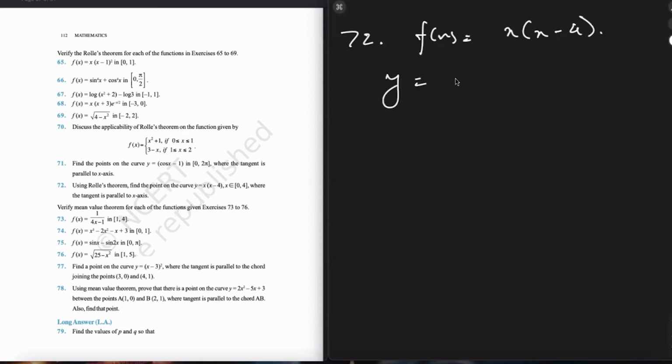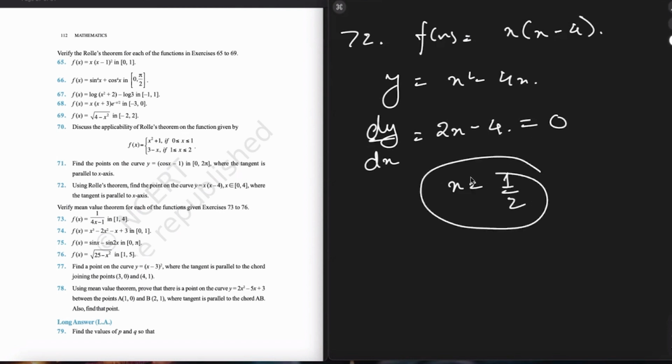Now, y equal to x square minus 4x, dy by dx is equal to 2x minus 4. This is 0 at x is equal to 1 by 2. Now if x is equal to 1 by 2, what will be the value for y? 1 by 4 minus 2, so this will be equal to 1 by 4 minus 8 by 4, minus 7 by 4.